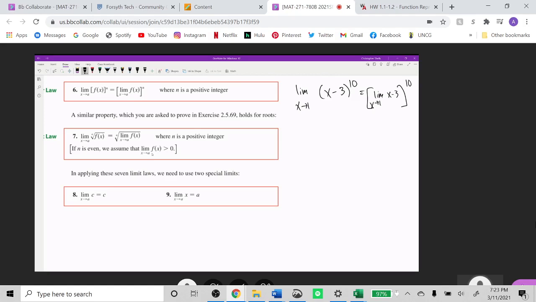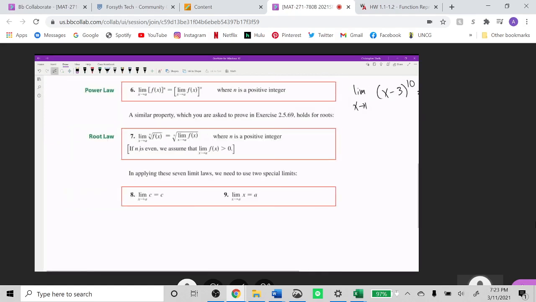A similar property that's derived from the power law here is the root law.